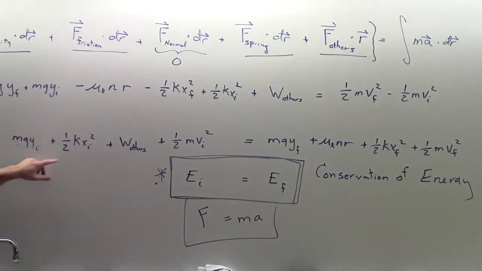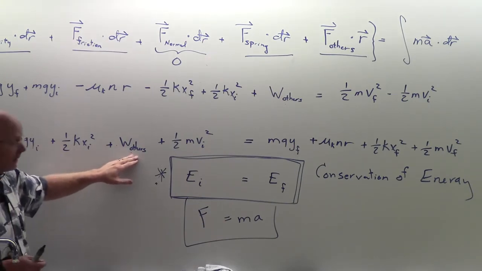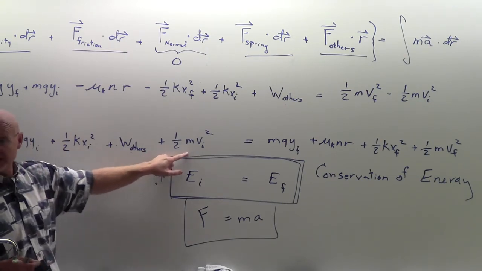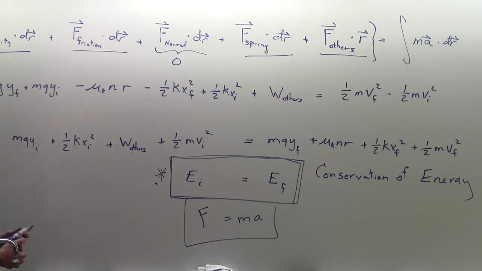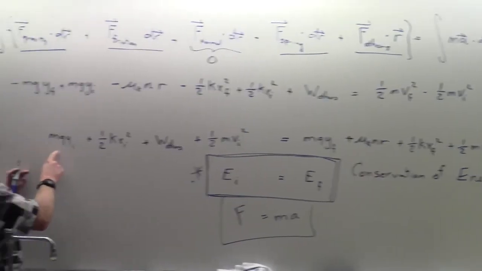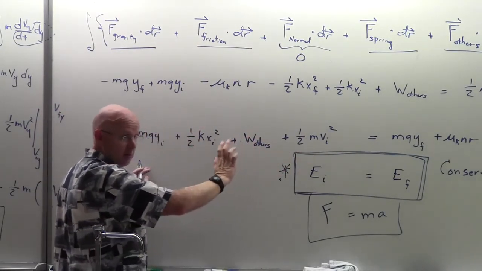Now, for this simple case, there's no other forces going on. And if I'm just holding it at rest, the initial speed would be 0. So as you look at this equation, I know that term, and I know that one, and that one. So I know all these.